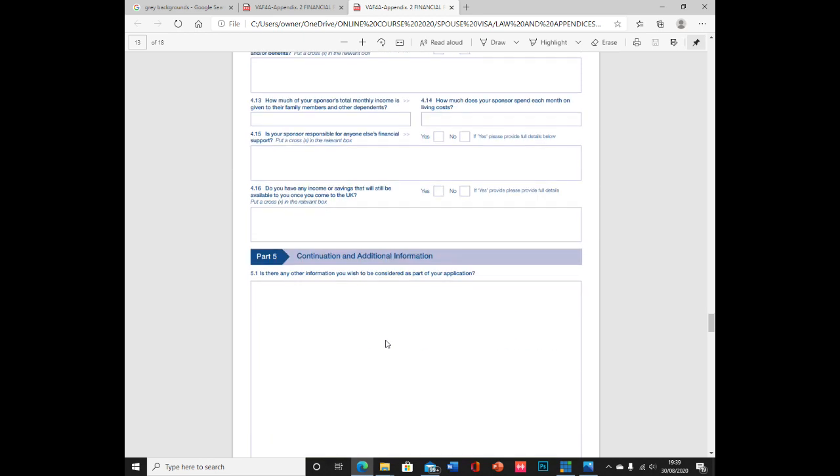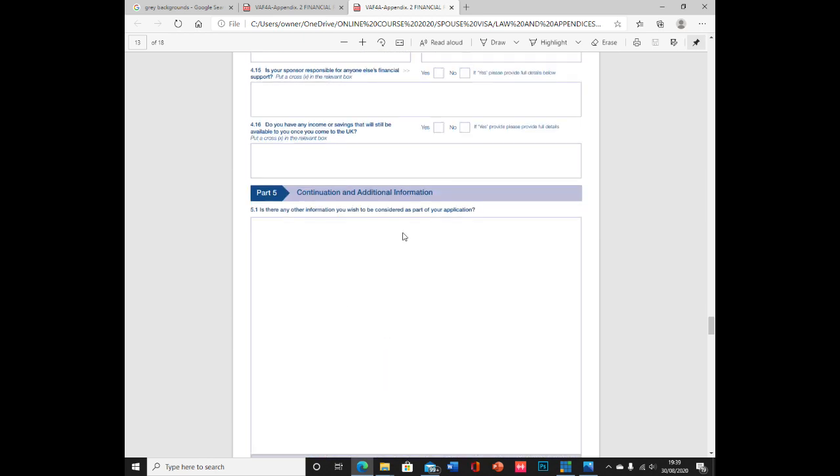The next section is any additional information you want to give. For example, if you are unable to meet the English language test requirement because due to COVID-19 you were not able to go to the test center, this is where you write down your circumstances.